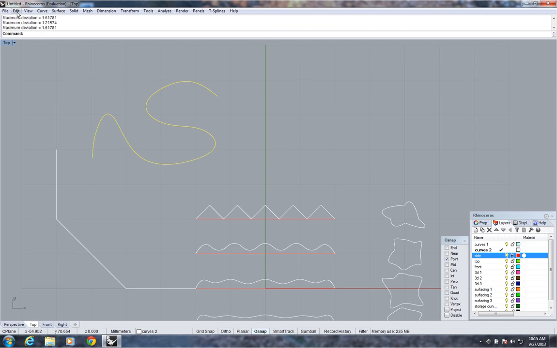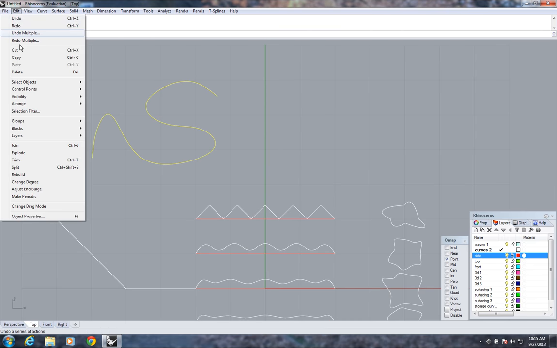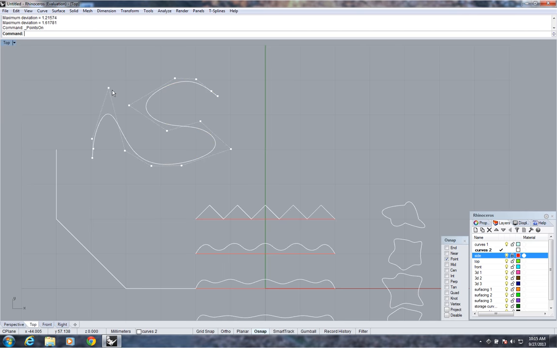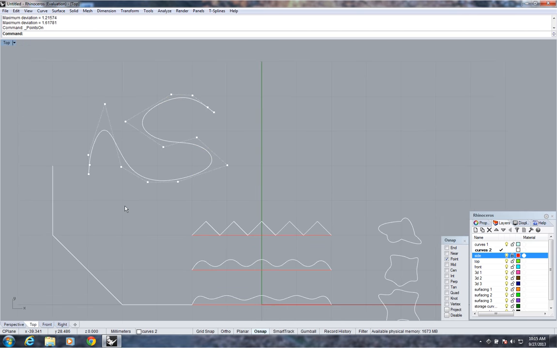Turn on the points. And there you have them. Okay? What I want you to understand is that Rhino sees 3 points in a row. If 3 points line up in a straight line, you will actually get a mathematically straight segment of line. This is still too loose as far as control points.